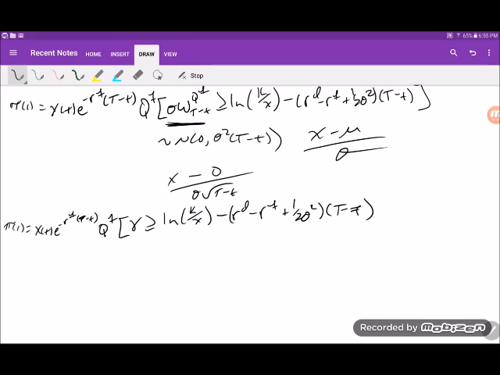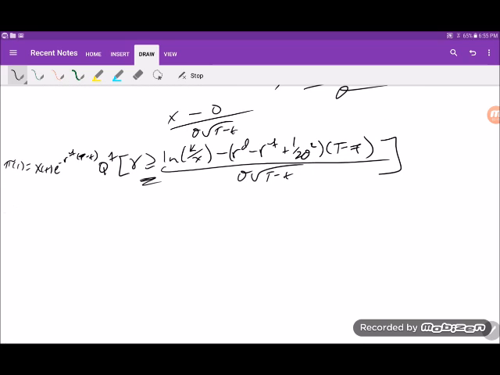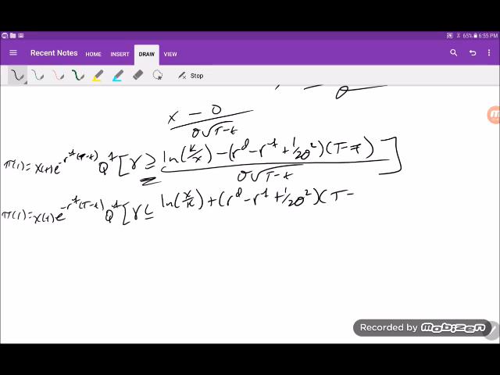I'm not going to subtract the 0, I'm just going to divide by sigma root (T minus t). Okay. Again, let's get that to be less than, so that's going to be ln of x over k, and then plus (r_d minus r_f plus 1/2 sigma squared)(T minus t) divided by sigma root (T minus t).